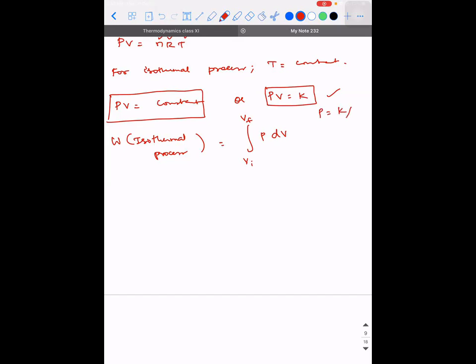Because pressure is equal to K divided by V. Correct? So pressure is a function of volume. So what we can do is integral from Vi to Vf of P, which is K divided by V, into dV. This will be equal to K into integral of dV divided by V from Vi to Vf.